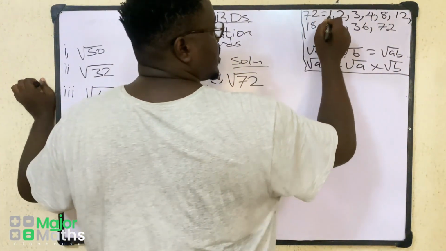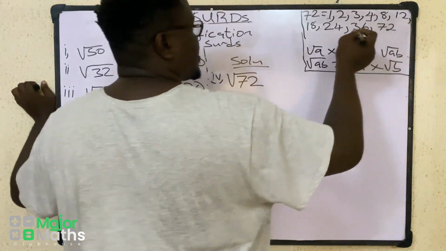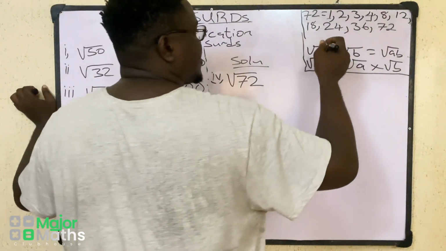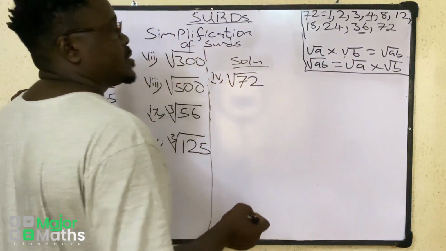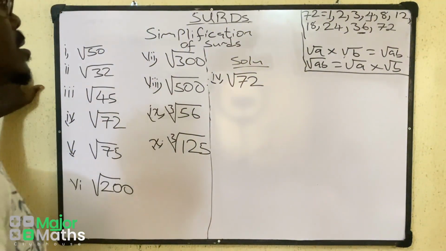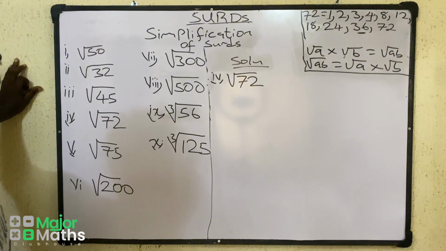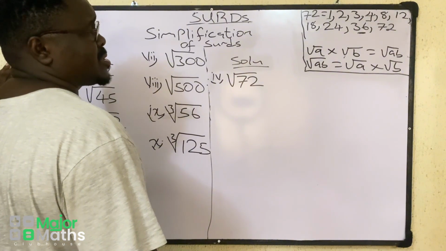We have 1 here, we have 4 here. 8 is not a perfect square. 12 definitely not. 18, 24, no, they're not. Oh, we have 36 here. Good. So 36 is the highest perfect square here. And 36 times 2 gives us 72.